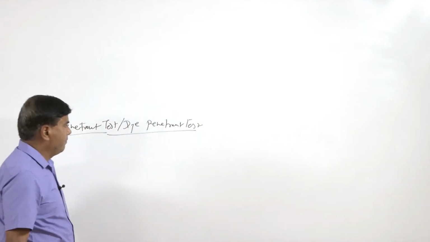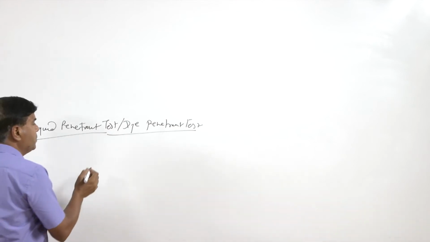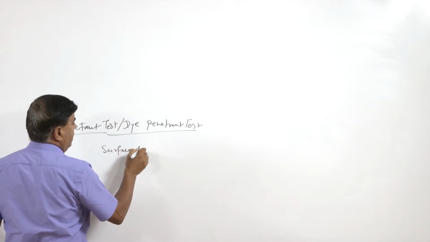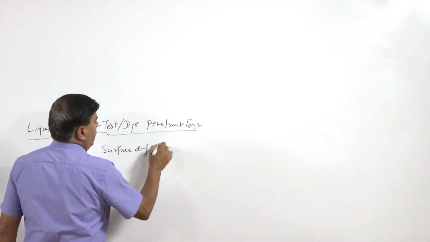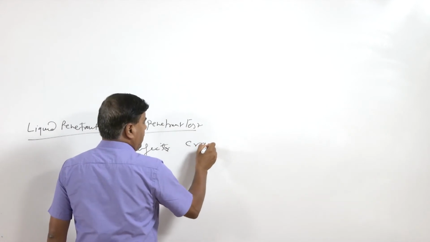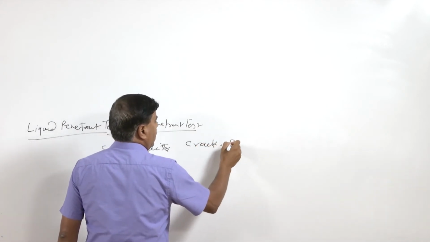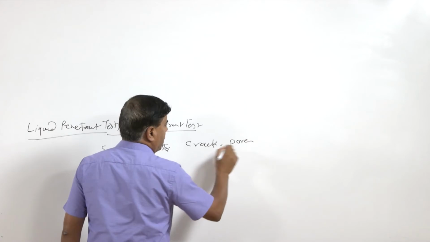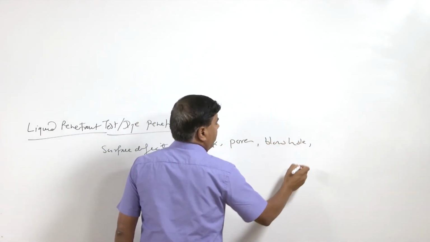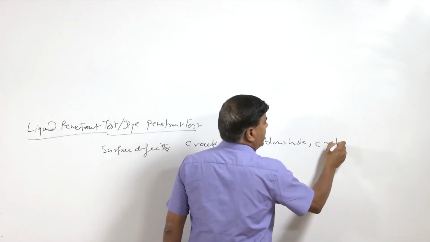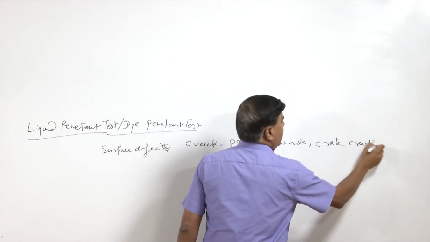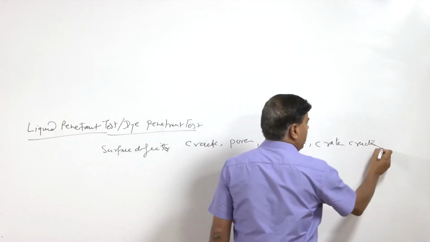This test is primarily used for surface defects, which may be in the form of cracks, open pores, or blowholes like in weld joints, crater cracks or undercuts.